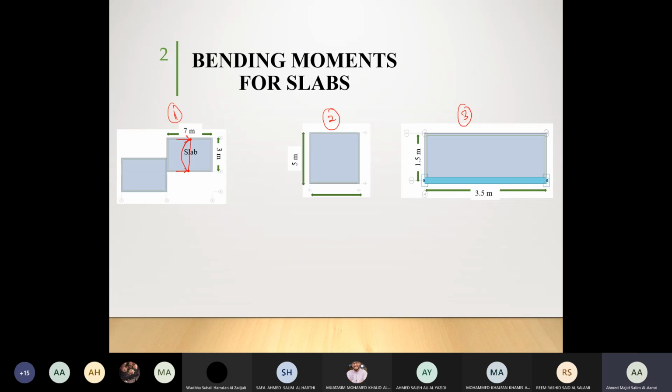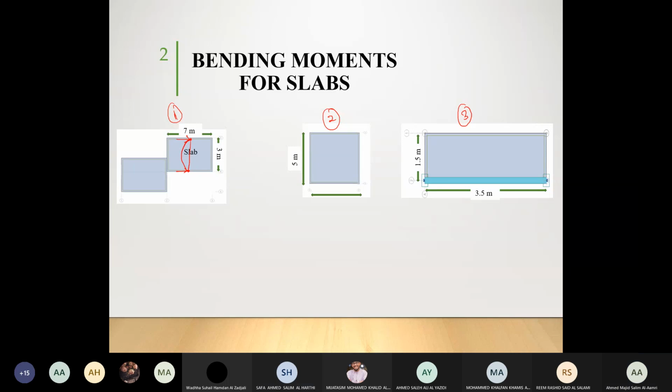Now for the second scenario. Two-way slab. Since the second dimension has not been given, it means the first and second dimensions are the same, 5 by 5.